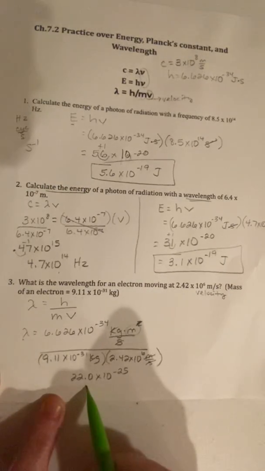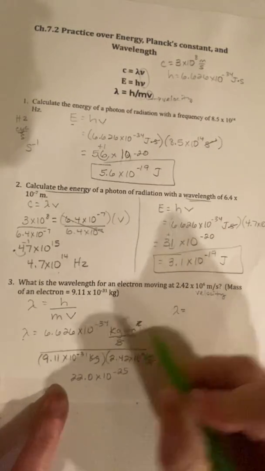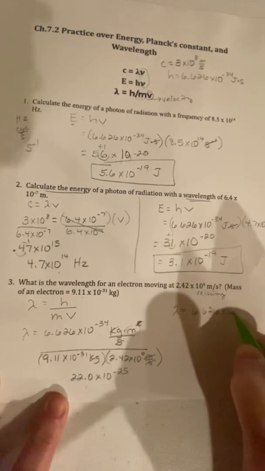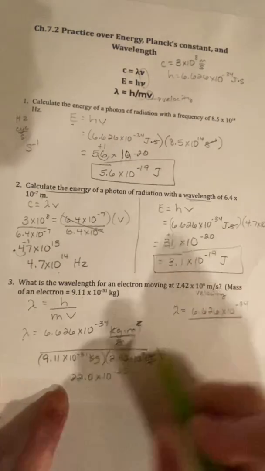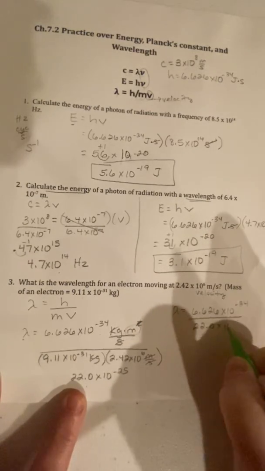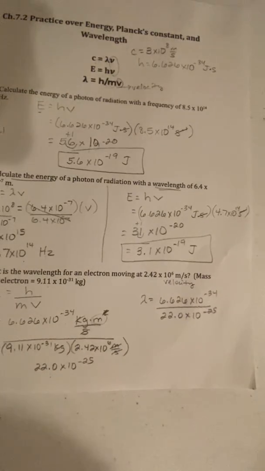So I'm not going to put it in correct scientific notation because I have another step, but I'm going to go ahead and move up here. So I've still got this top number, the 6.626 times 10 to the -34th, and I've got to divide it by, I've already multiplied these together, by 22.0 times 10 to the -25th. So I'm going to take 6.626, I'm going to divide it by 22.